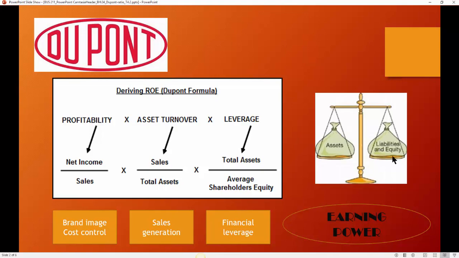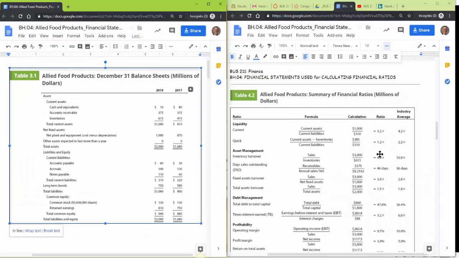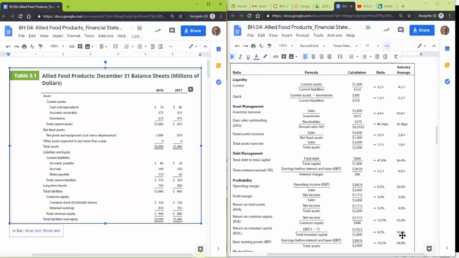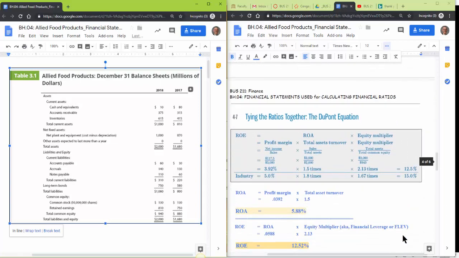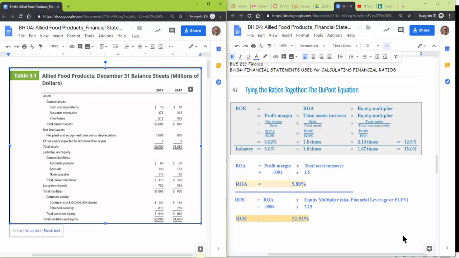Now, let's look at the DuPont formula, or earning power, for the Allied Food Services Company. Here are the ratios that you've seen before for the Allied Food Service Company, and so we are going to pick three of them. One is the total assets turnover, the second one will be the net profit margin, and the third one will be the equity multiplier.